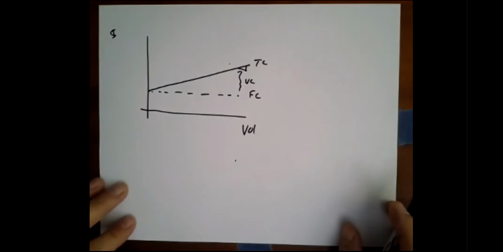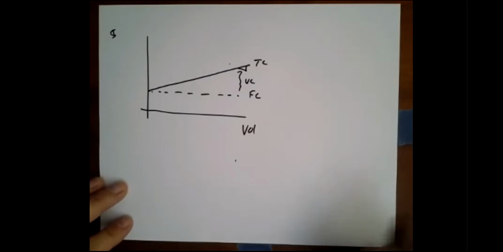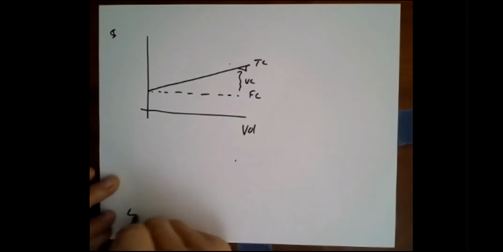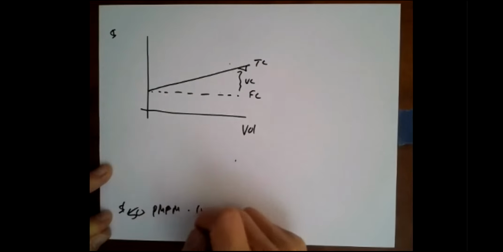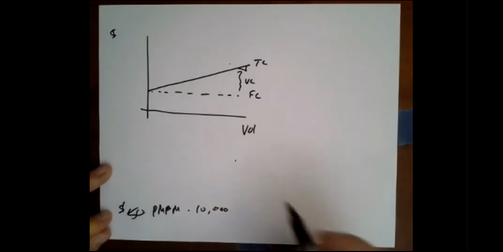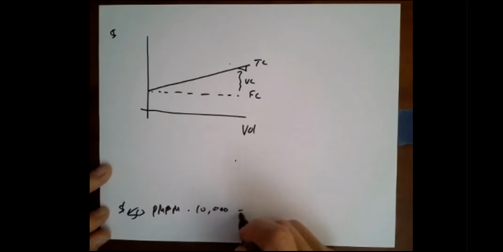what looks different is the total revenue, right? If I agree to $50 per member per month times, say, 10,000 members, I get a fixed number. It's 500,000.